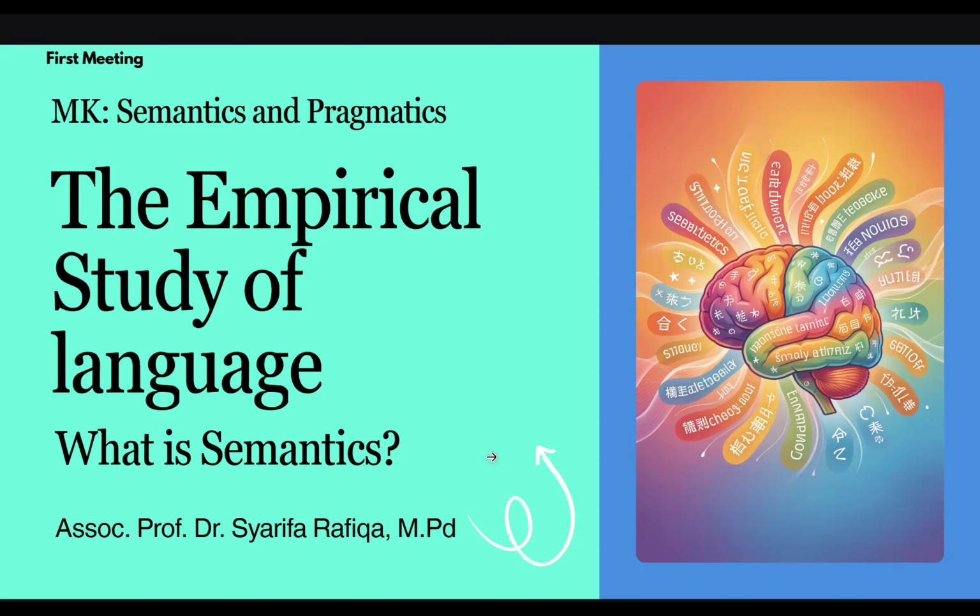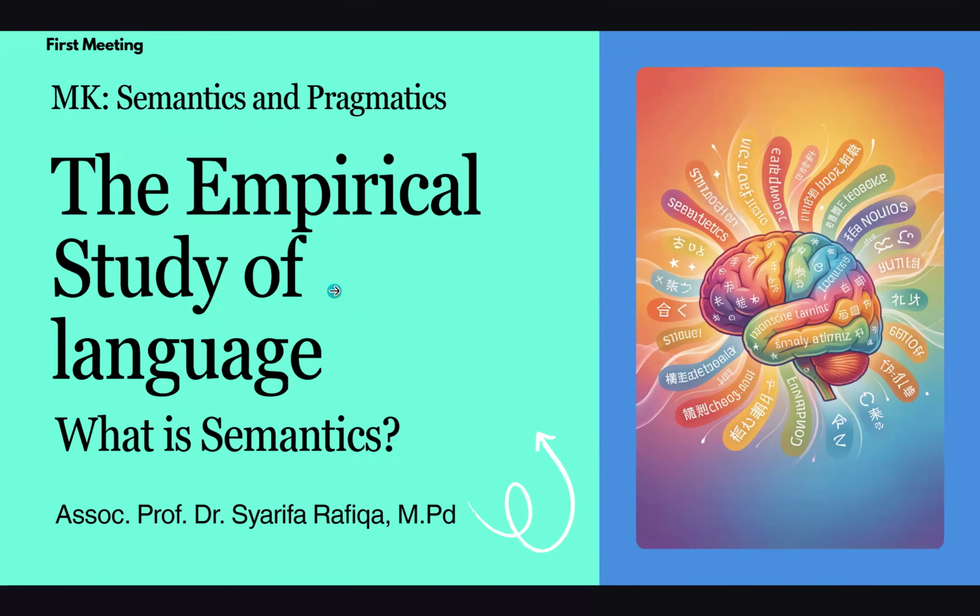This makes semantics more scientifically grounded. So the empirical study of language in semantics means investigating meaning using real data, experiments, measurable evidence rather than relying only on intuition or theoretical reasoning.